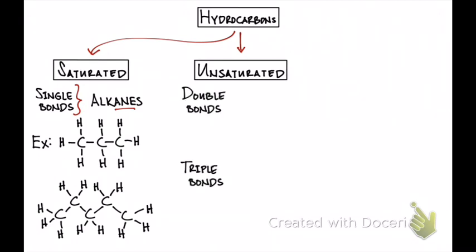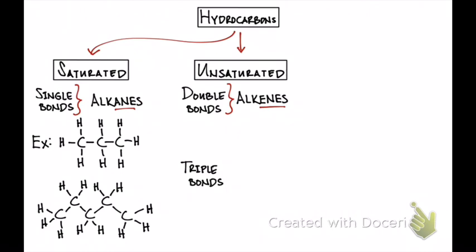The second type of hydrocarbon is the unsaturated hydrocarbon, and there are two families that fall in this category. You have the ones that contain double bonds and the ones that contain triple bonds. The double bonds are the alkene family. So take note of, again, the suffix here. It ends in ene.